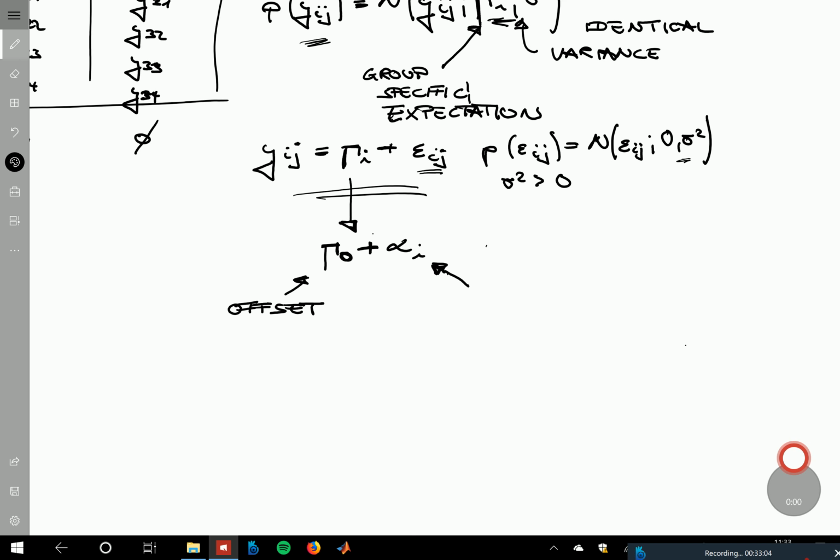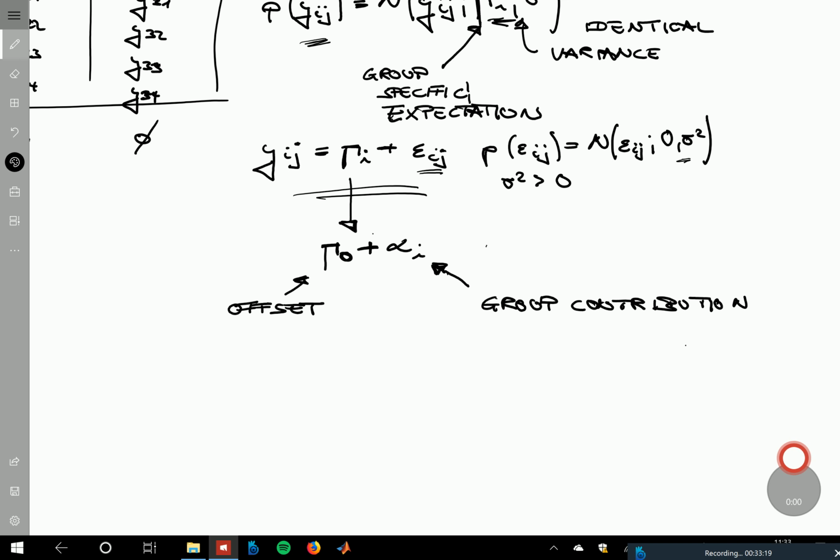Sorry. Alpha I, that's the group contribution, or treatment contribution, however you want to call it.